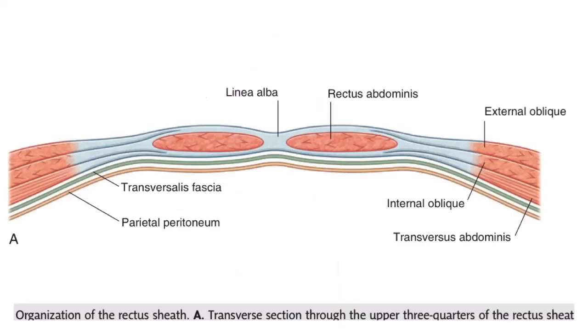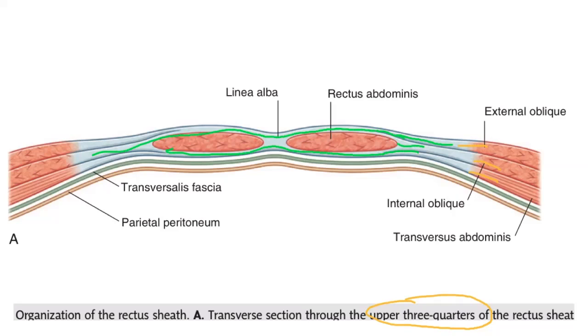You see, this is the formation of transverse section of rectus abdominis, the upper 3/4 of the rectus sheath, right? Upper 3/4. You see, external oblique, internal oblique, and transverse abdominis, right? You see, all these fused together. So, anterior rectus sheath and posterior wall, right? There are two.